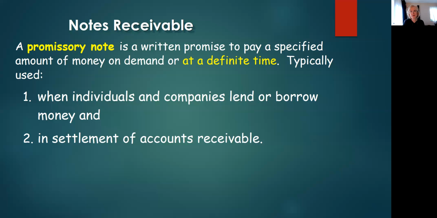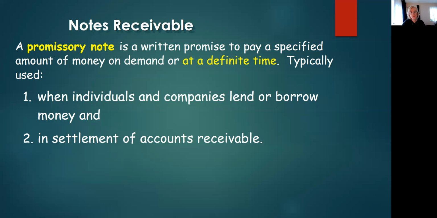Okay, so if a customer says, hey, I cannot pay this bill on this day, but I can pay it in 3 months, can you convert this accounts receivable into a note, which means the customer is agreeing to pay an agreed upon interest rate. Okay.